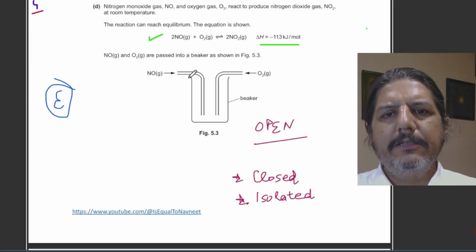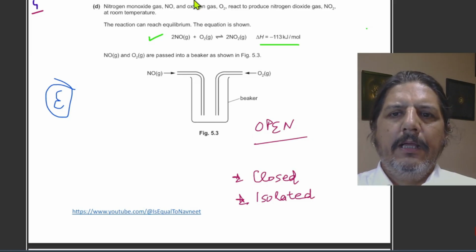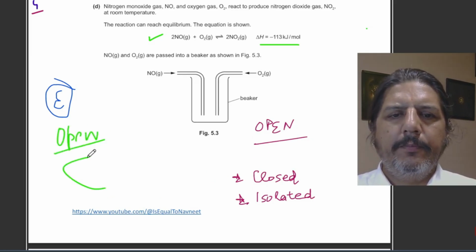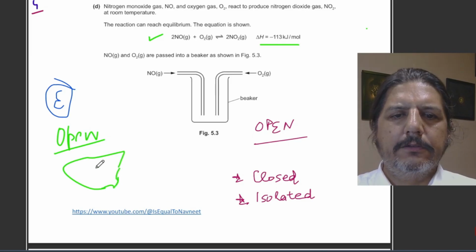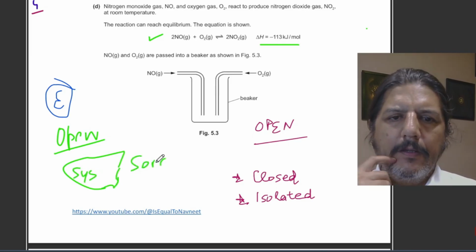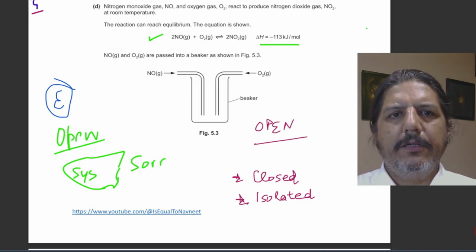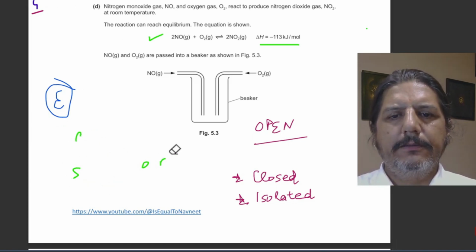Now, if you look closely, this is an open system. Why? Because if I represent the system like this, this is the system and these are the surroundings. This is how we show a system. Basically, we put a boundary. I'll make this again.